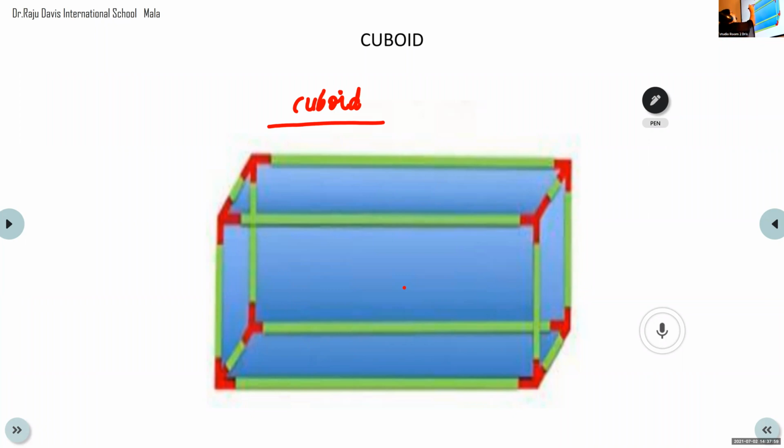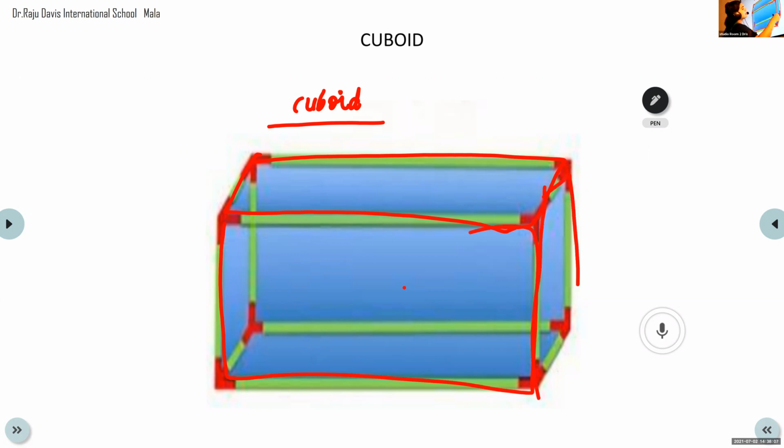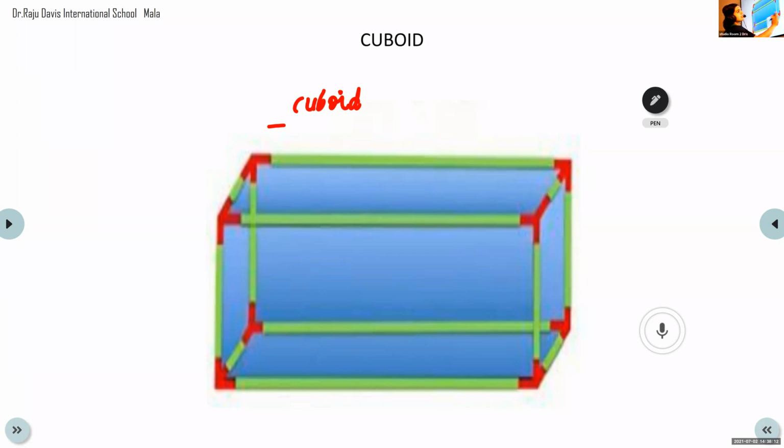Here, all these rectangles are the faces. So let us see how many faces are there. Hamdan, please unmute and say how many faces are there for a cuboid? Can you count and say? 6.